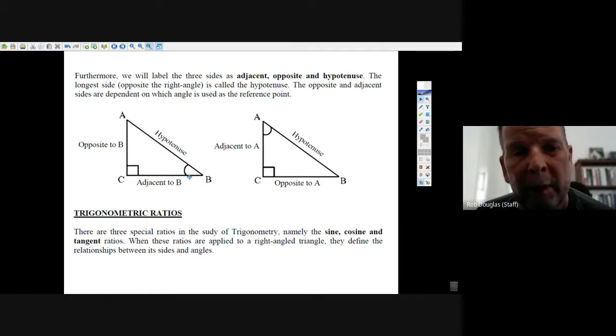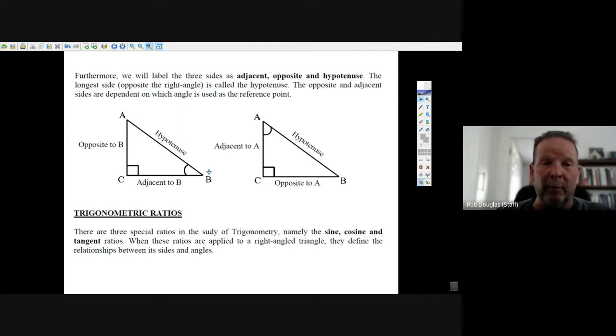What's really important is a right angle triangle and naming the sides. Now, you guys probably know that the side opposite the right angle is called the hypotenuse in a right triangle. But if you're talking about this angle B down here, this side CB is called adjacent. And that word adjacent, it's really important to be able to name the sides.